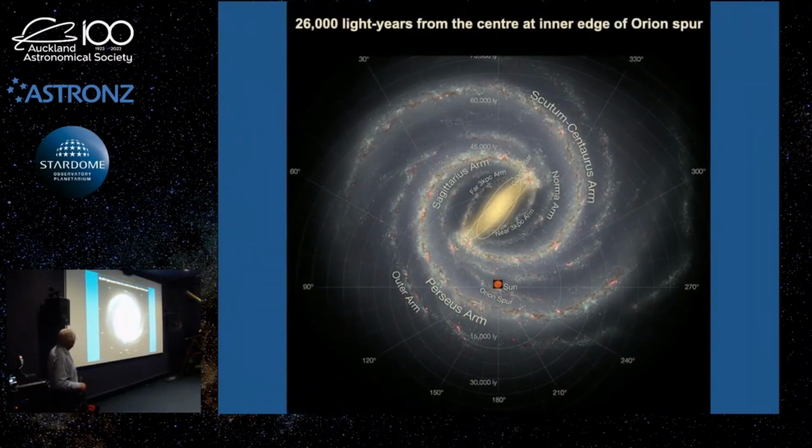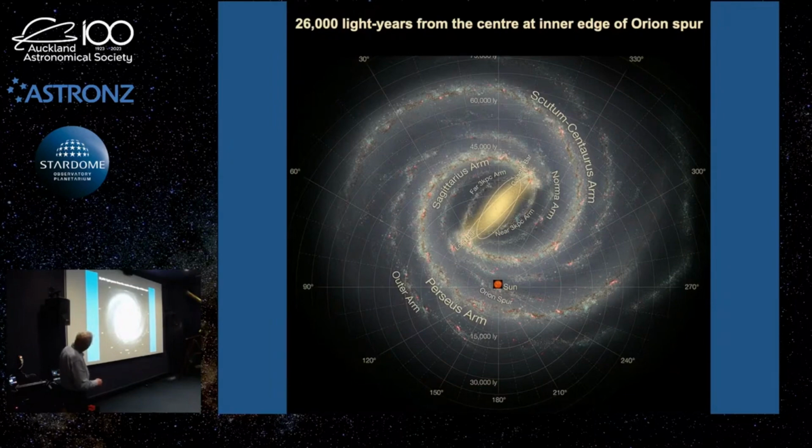Now the next thing is, where do we fit? We fit in here, between two of these spiral arms. You've got your Sagittarius arm that goes along like this, and another one, the Perseus arm, that goes out along here. It's another big major arm of the Milky Way. And there's a little bridge, or what they call a spur, between the Perseus and, towards the inner, the Sagittarius arm.